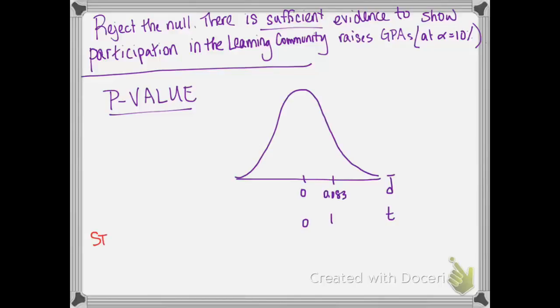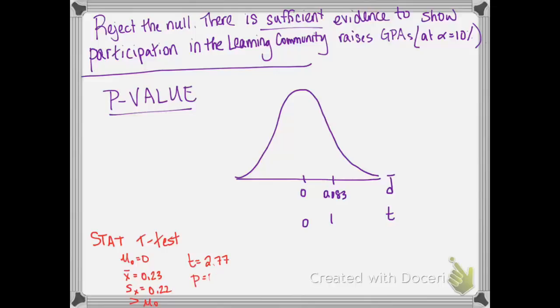I go ahead and draw my normal curve again, and if I were doing this on a calculator, this is simply a t-test because we're doing a t-test on the differences. You could either plug in the statistics that we already found: our null is there's no difference, our mean difference was 0.23, standard deviation of 0.22, and we want to look at whether there's an increase for the alternative.